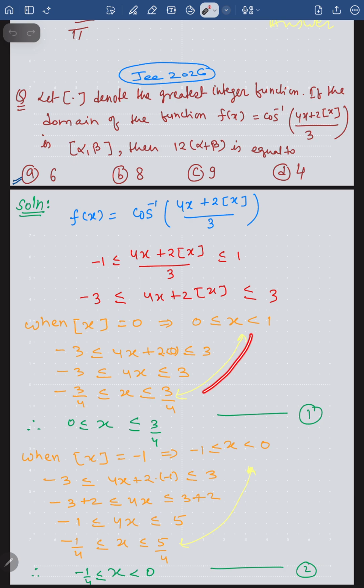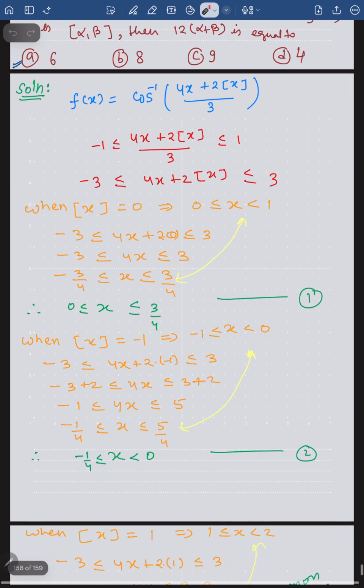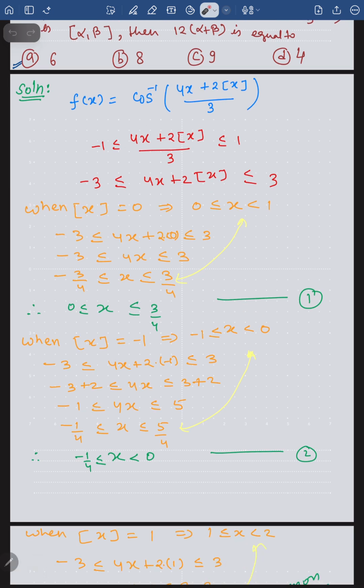When we combine with the interval where x is lying between 0 and 1, the lower limit is 0 and the upper limit is 3/4. So this is the common part between these intervals. This is equation 1.